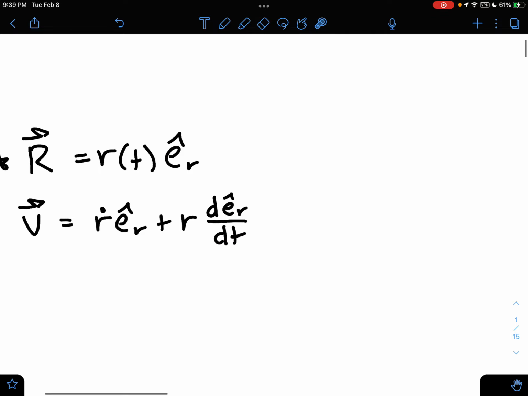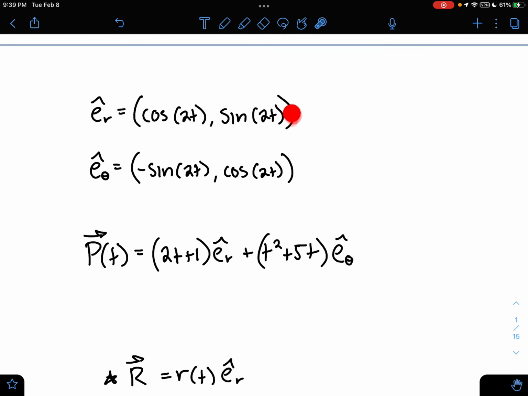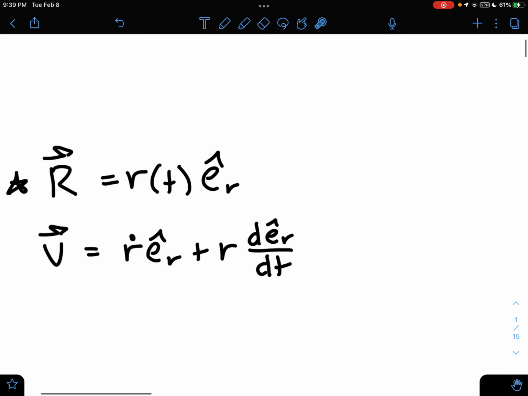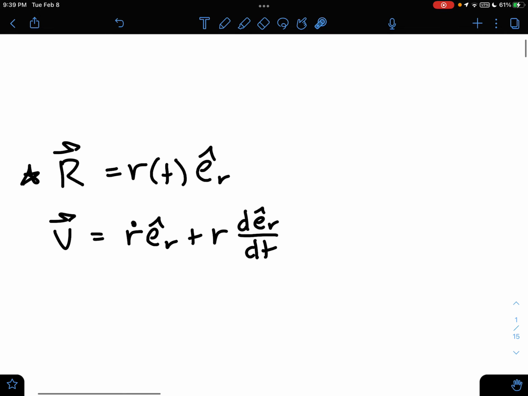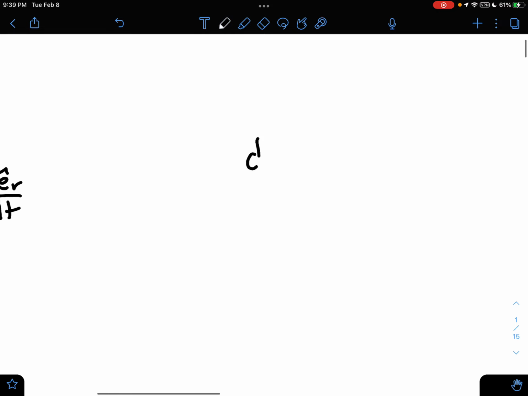Well, right now, in our problem up here, we can find our derivative with respect to time because we have this in i and j components, x and y components. But right now, we don't know this with respect to time, so I'm going to pull this off to the side. We're going to try to figure out what d e hat r dt is.